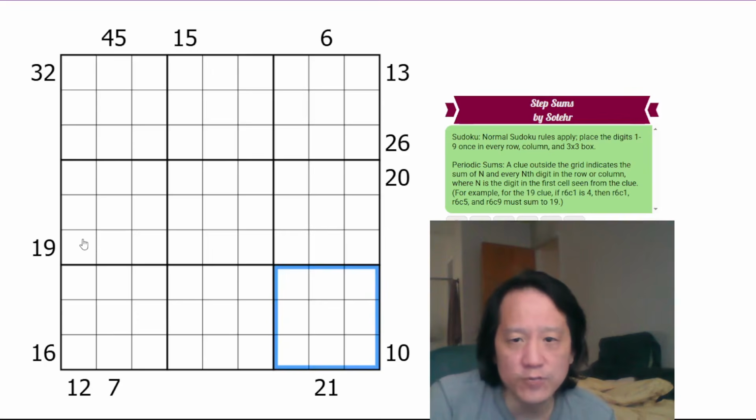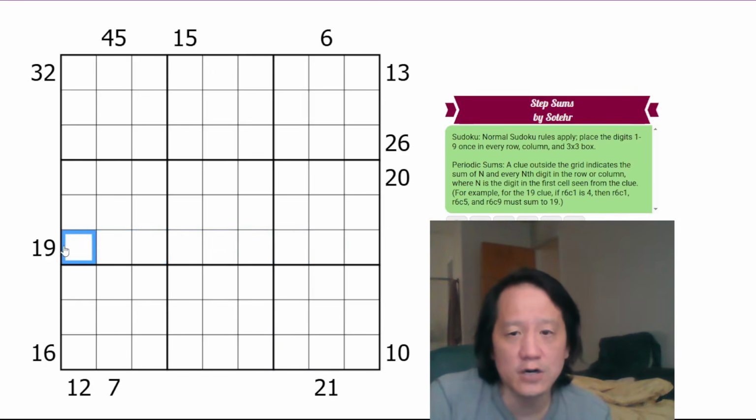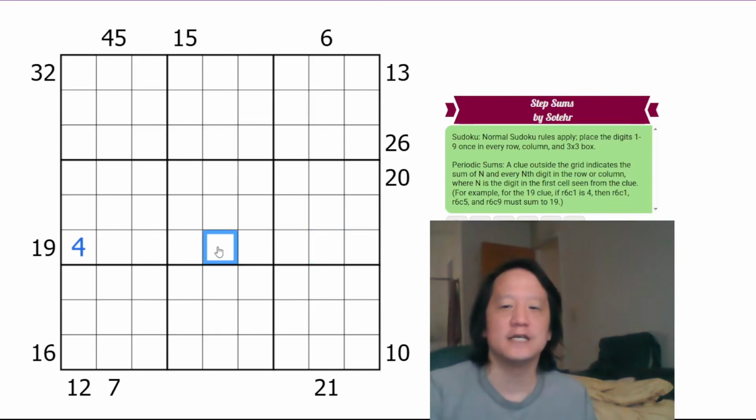For example, for the 19 clue, if row 6 column 1 is a 4, then row 6 column 1, row 6 column 5, and row 6 column 9 must sum to 19.